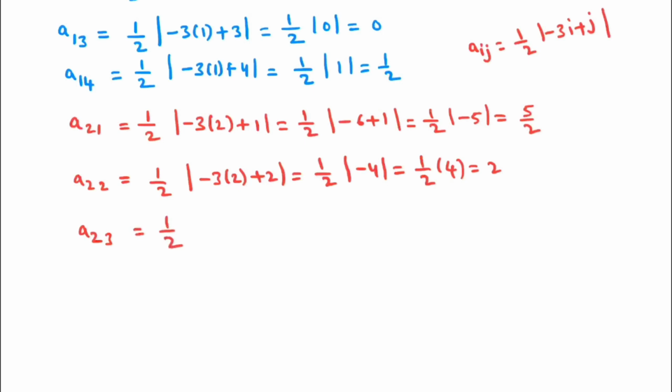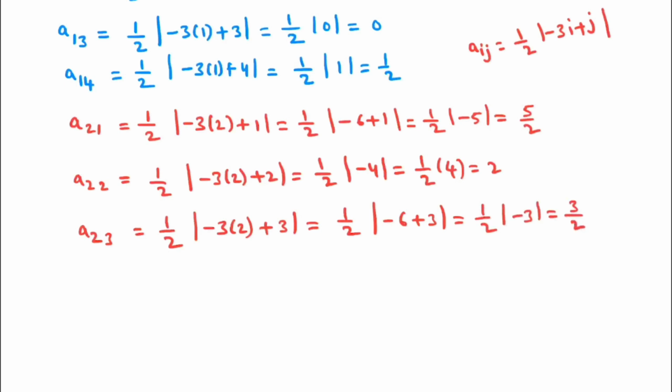Now A23. 1 by 2 into, in place of i, 2, in place of j, 3. 1 by 2 into modulus of minus 3 into 2 plus 3. That equals 1 by 2 into minus 6 plus 3, that equals 1 by 2 into modulus of minus 3. That equals 3 by 2. Okay. Now I need to calculate the next element, that is A24. 1 by 2 into modulus of minus 3 into 2 plus j is 4.